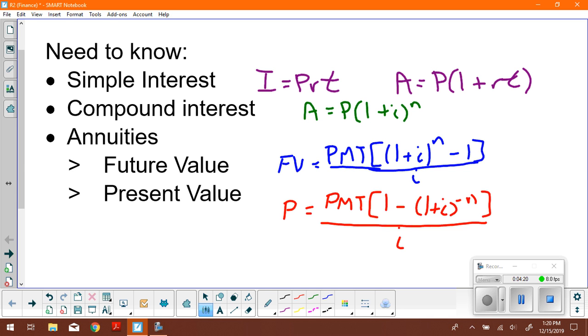You'll have them on the formula sheet, but it's up to you to know what situation to use them in and what the different variables mean in those expressions. We'll do a few examples to refresh how this works, and we'll be good.